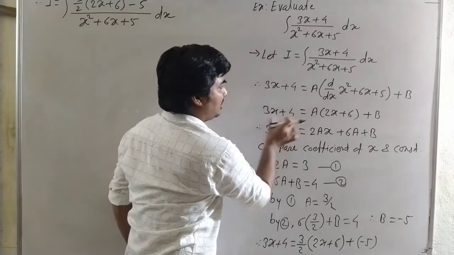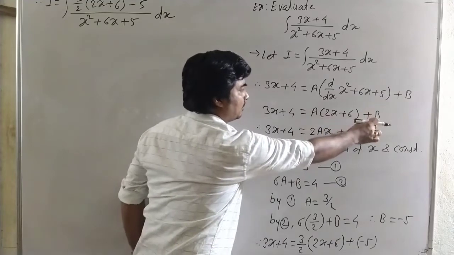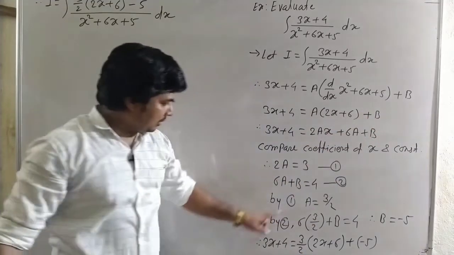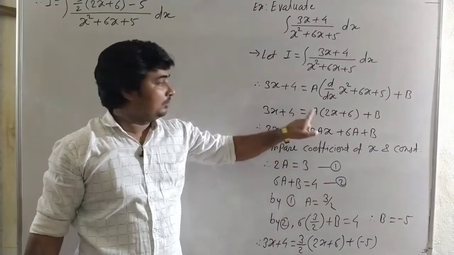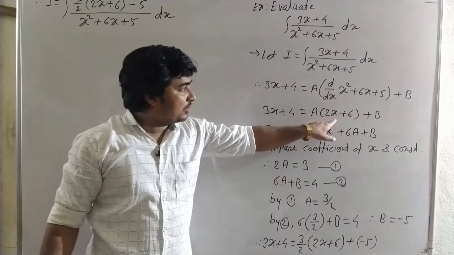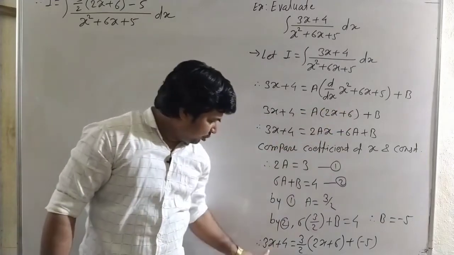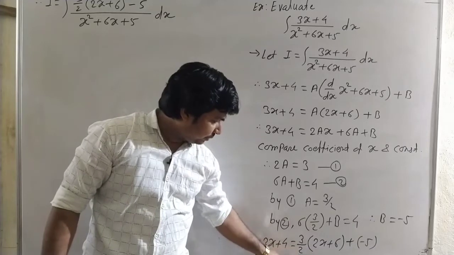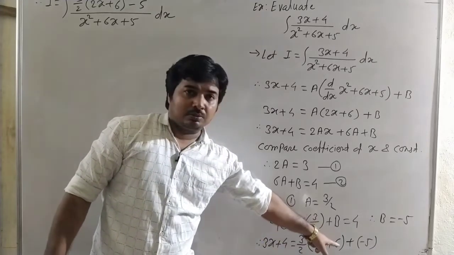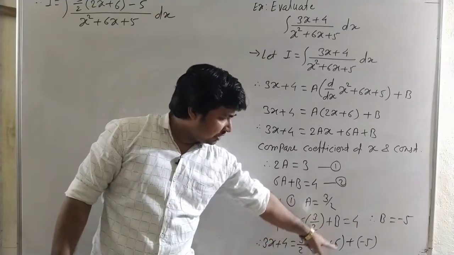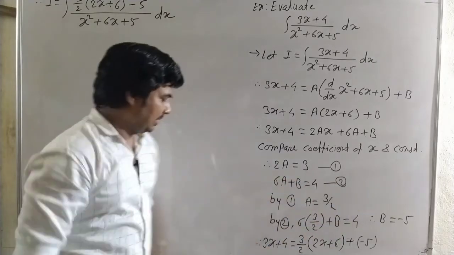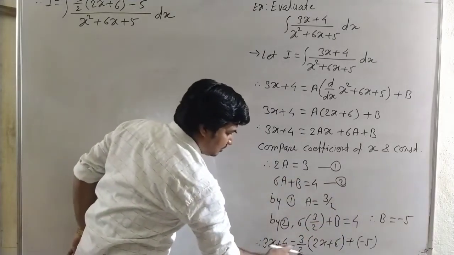3x plus 4 is equal to a into derivative of quadratic function plus b. We want to find the value of a and b and put the value of a and b. Then a into 2x plus 6 plus b. Here numerator 3x plus 4 is equal to 3 by 2 into 2x plus 6 plus minus 5. Then we replace 3x plus 4 by this term.